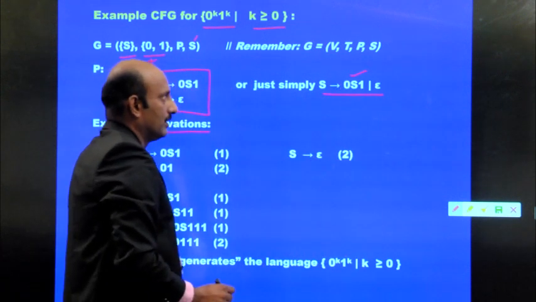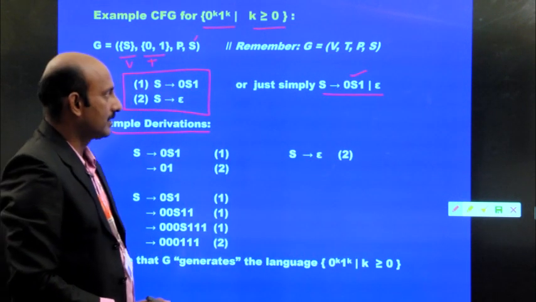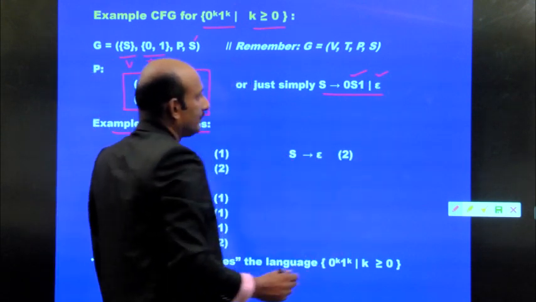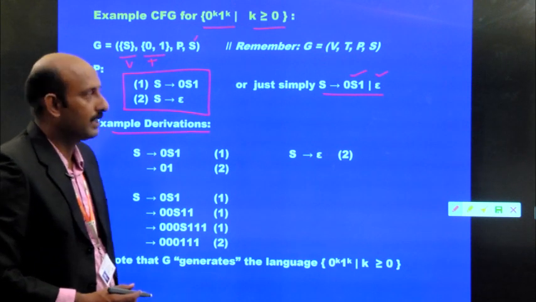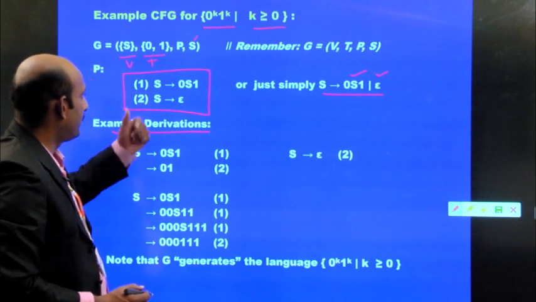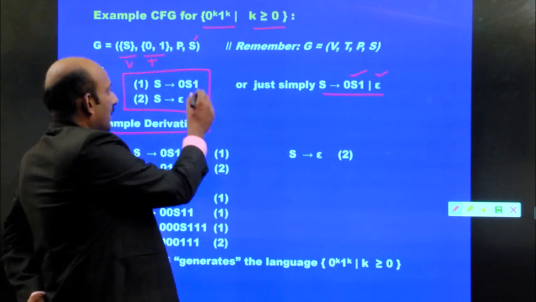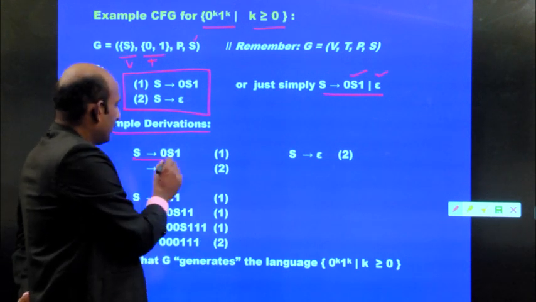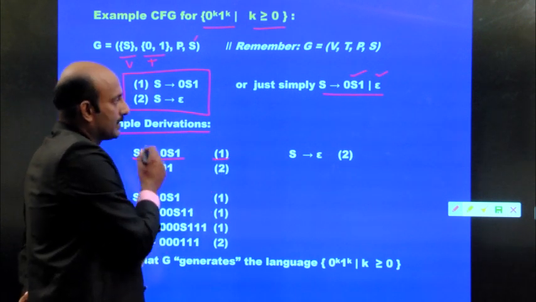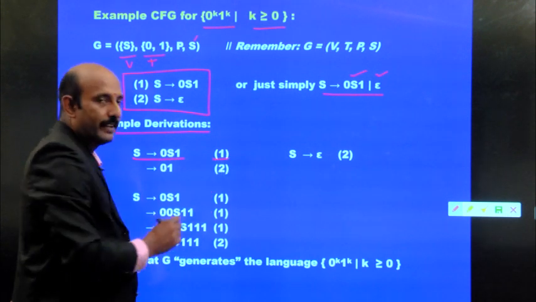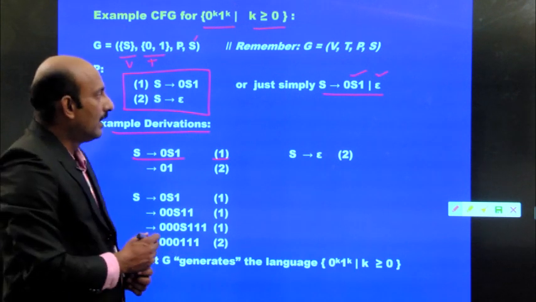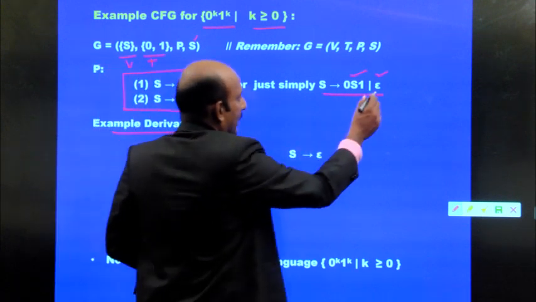S implies 0 S 1 or epsilon. The given productions can be numbered: S implies 0 S 1 is the first production. S is a variable, that is a non-terminal, and it can be replaced by epsilon.